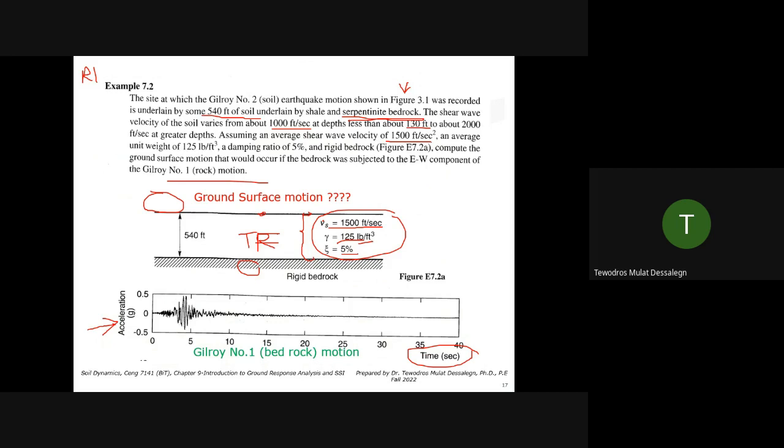Let me give you a hint. There is a wave recorded here, right? When we transfer it to the ground surface, we consider damping for the soil, but we assumed rigid rock.